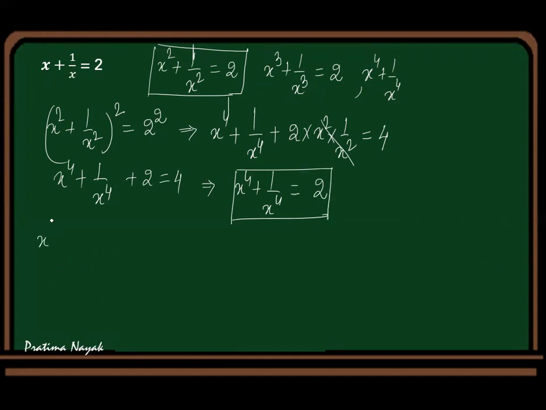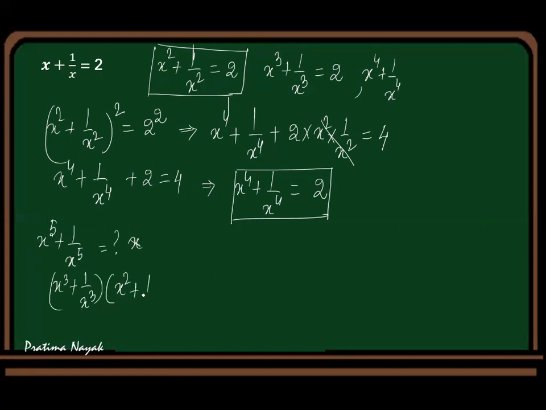Next I'll come for x to the power 5 plus 1 by x to the power 5. How will I get this? x to the power 5 plus 1 by x to the power 5 can be obtained from the expressions I'm writing here, x square plus 1 by x square and x cube plus 1 by x cube. I'll multiply these two expressions.